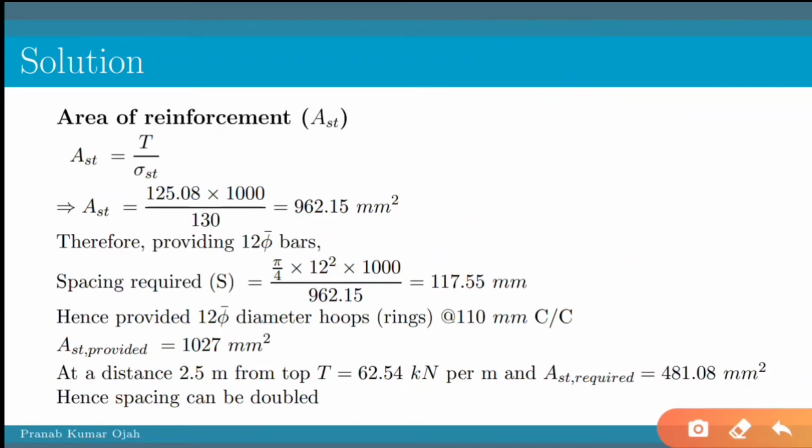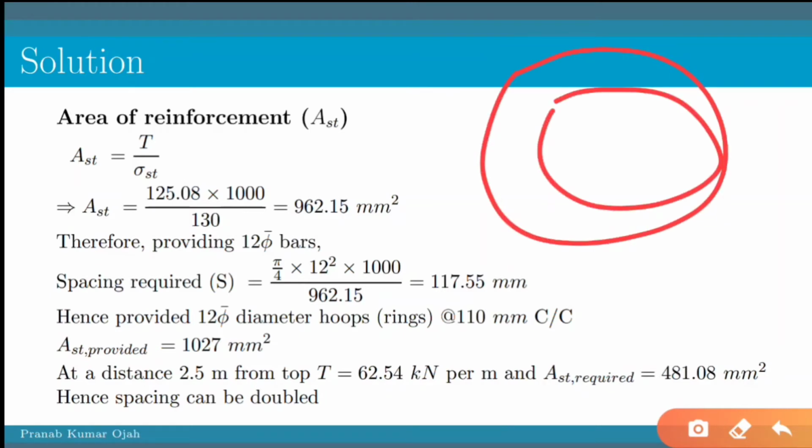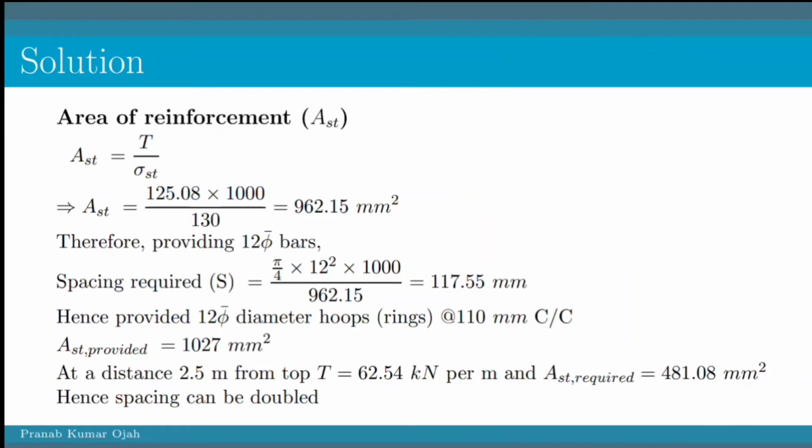So, when we provide the hoop tension reinforcement throughout the periphery, above 2.5 meter depth of the water tank, we can provide half of the AST. We have already calculated the AST corresponding to the maximum hoop tension, which is 962.15.